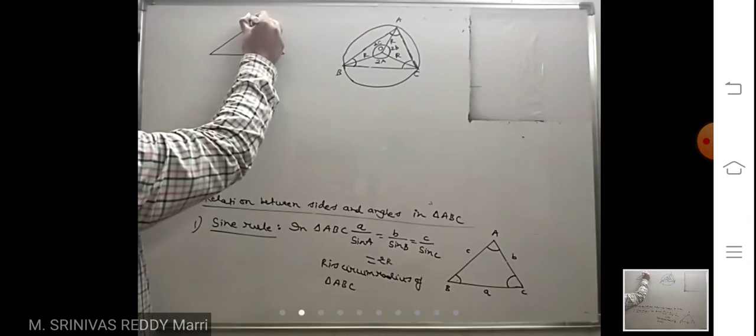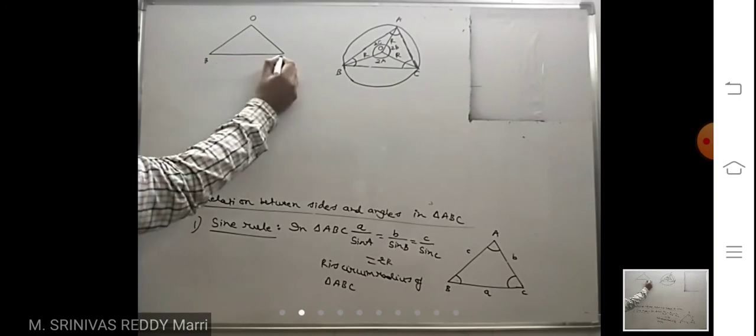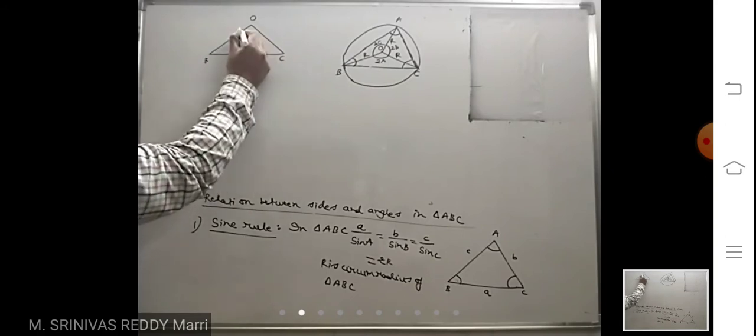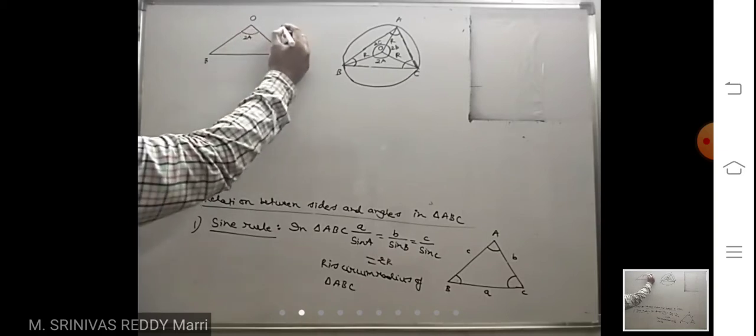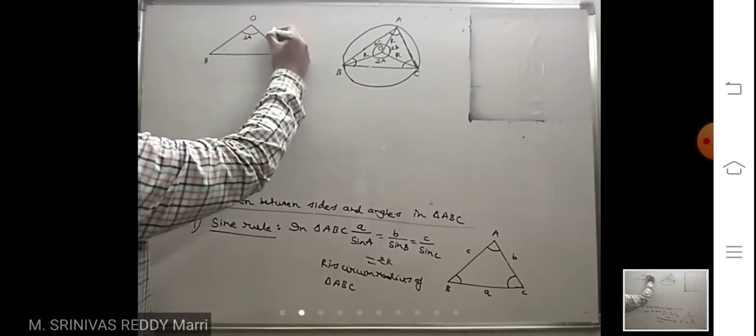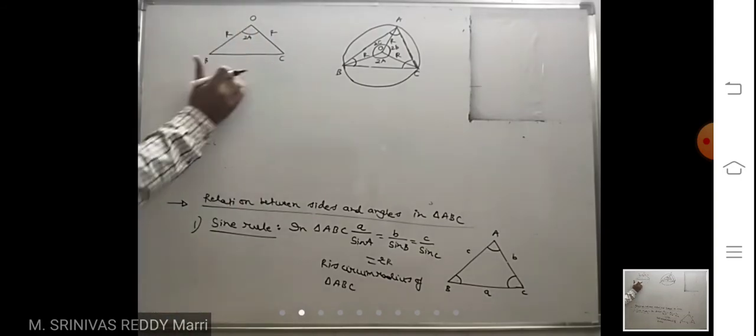This is O, center of circle. This is B. This is C. Now this is 2A. If you observe here, this is R, this is R. So this is an isosceles triangle.